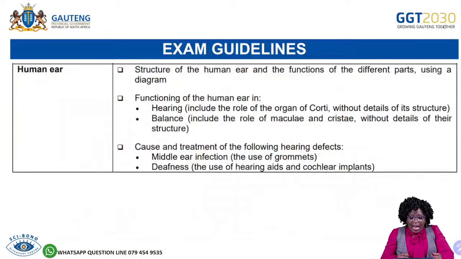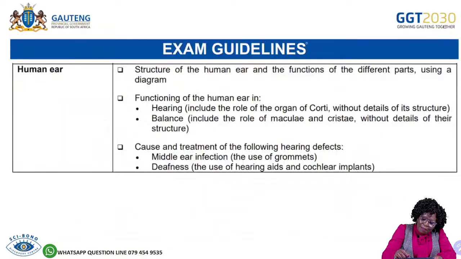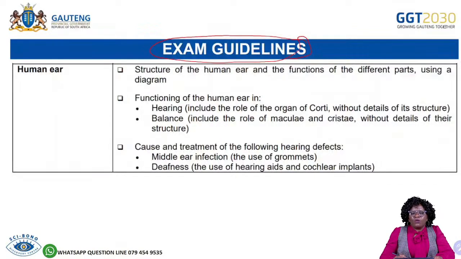On our exam guideline, you remember when we speak about the exam guideline, that is serving as what? As your Bible or as your Quran or as your Dida. This is what you always use when you are learning. So you go to your examination guideline and check out what is it that I need to know when it comes to the ear.